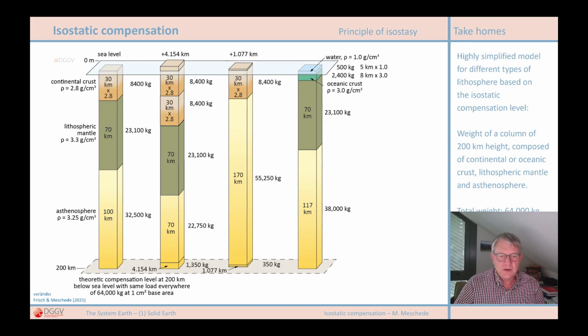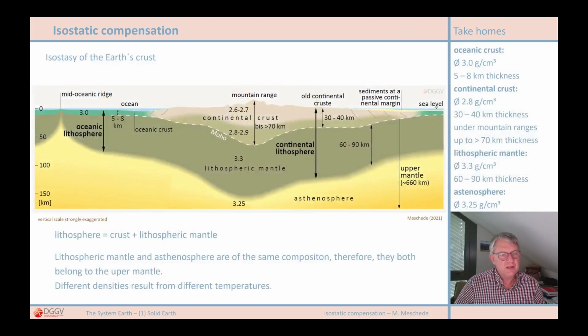All of these considerations result in the picture of the lithosphere that I showed initially in this video. If we take the lower edge of the image, not the lower limit of the lithosphere, but actually the straight line down here as the isostatic compensation level, the same overlying pressure prevails everywhere.